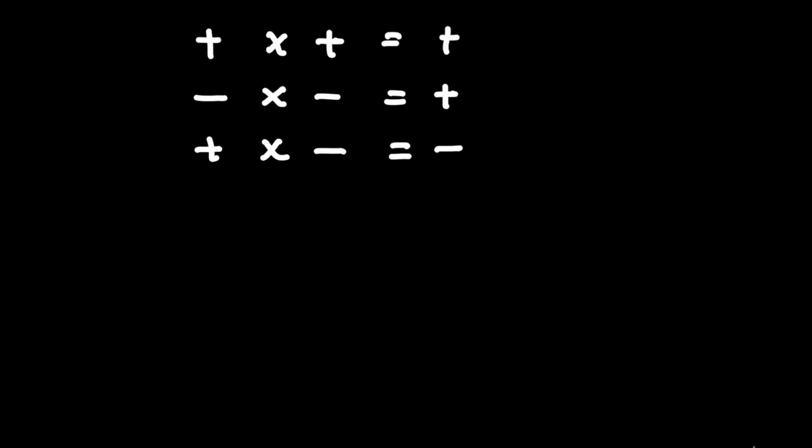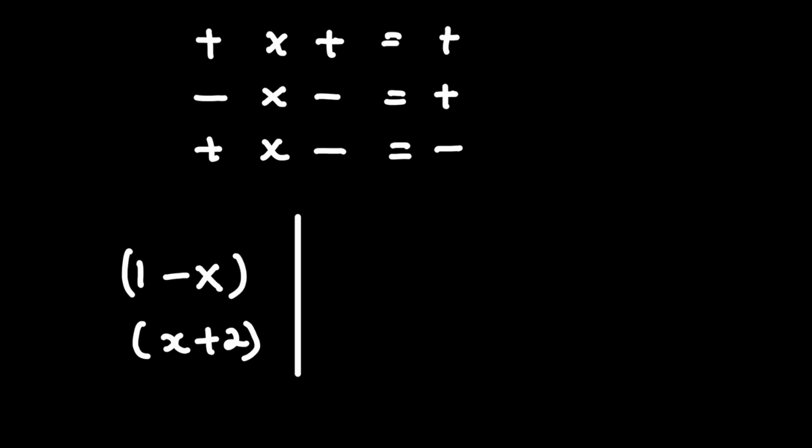So now you've got 1 minus x, then you've got x plus 2. What are the critical values here? They are minus 2 and 1.